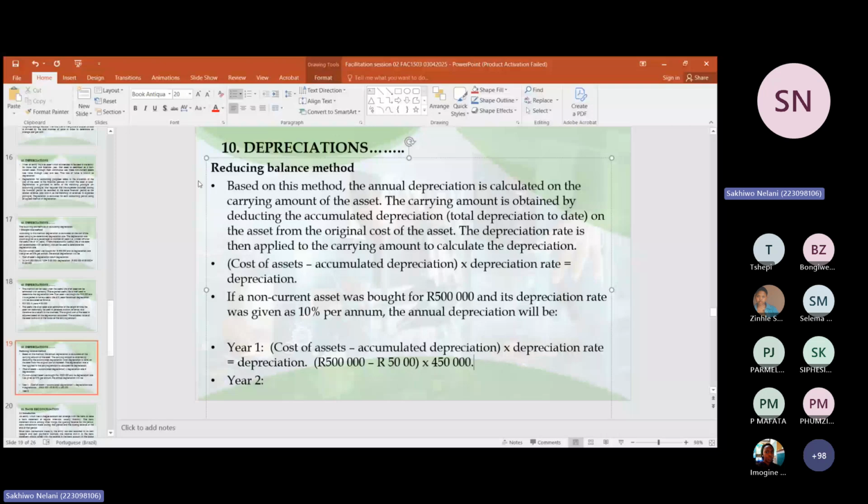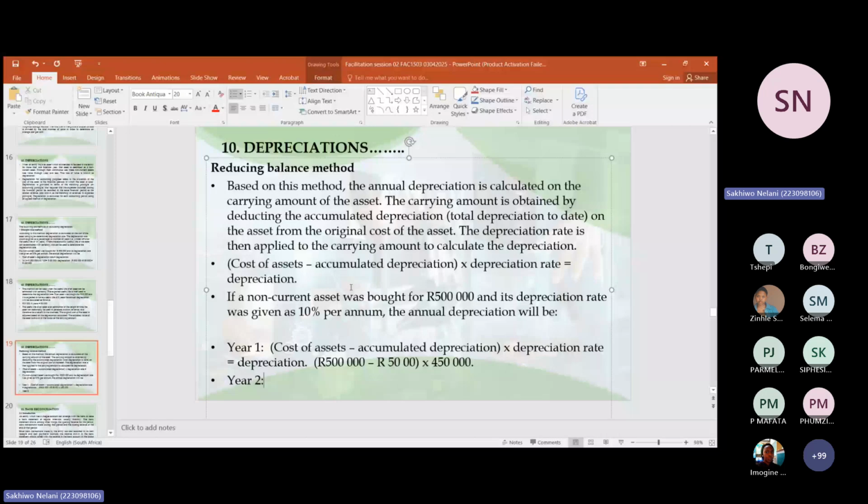Now we are required to calculate depreciation using a diminishing or a reducing balance method for year 2. What could be our instance for year 2? Remember the previous example, the value of our asset was 500,000 rand.